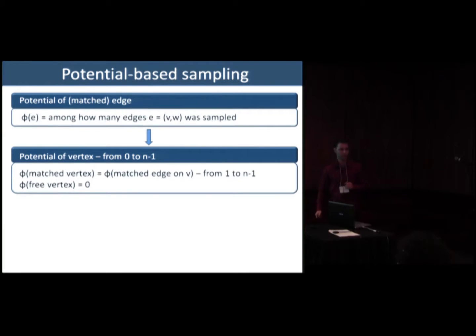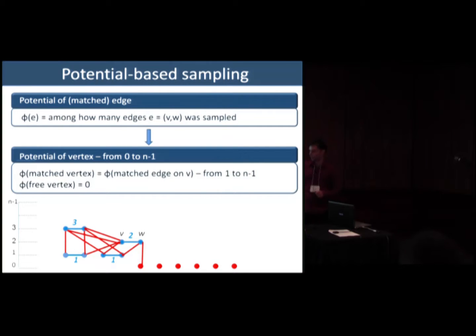It's a positive integer, bounded by the maximum degree in the graph. That's the value that we'll have for every matched vertex in the graph. And for free vertices, we define the potential value as 0. So there is a separation between free vertices and matched vertices.